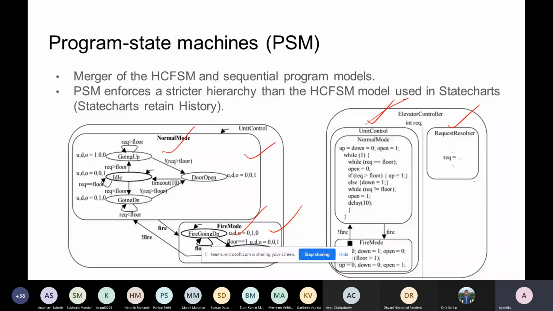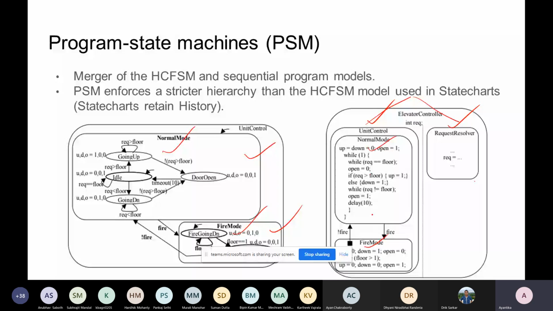According to the specification, these two blocks, these two FSMs, are connected in a concurrent way. But the normal mode and fire mode related FSMs are connected in a hierarchical way. Once you have arranged those FSMs according to your hierarchy and concurrency, inside each node you can write the state changing conditions, mapped to whatever tool you are using.